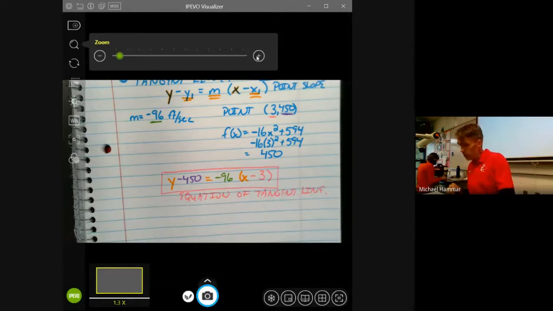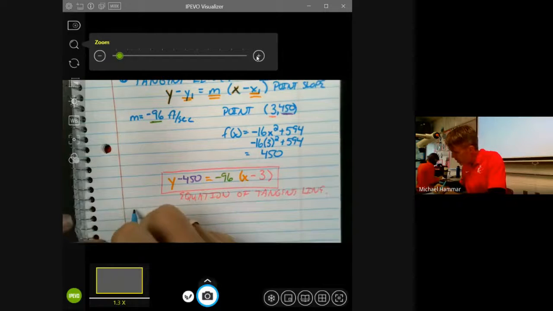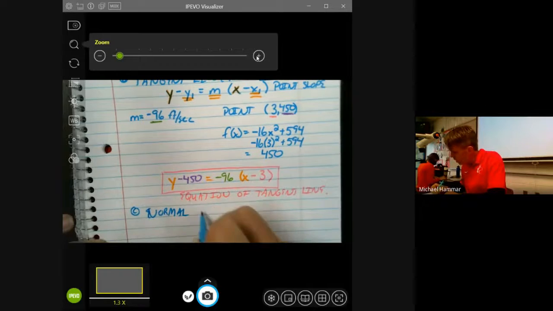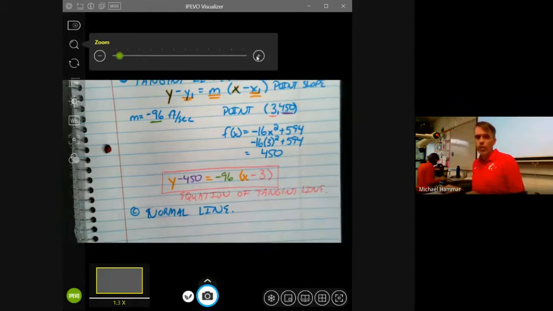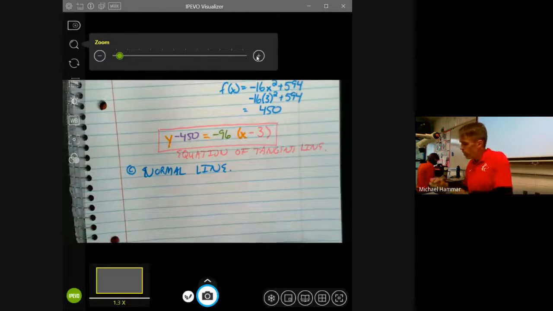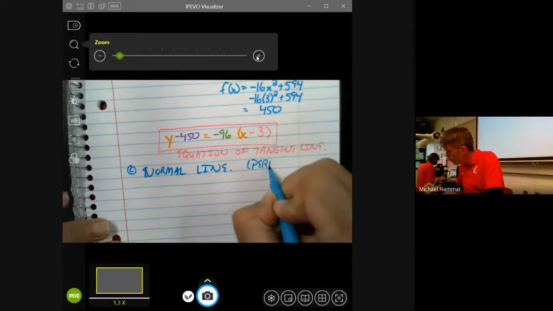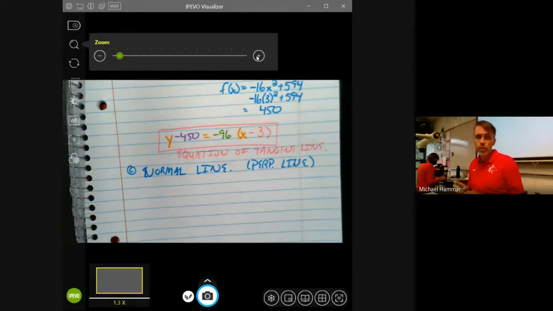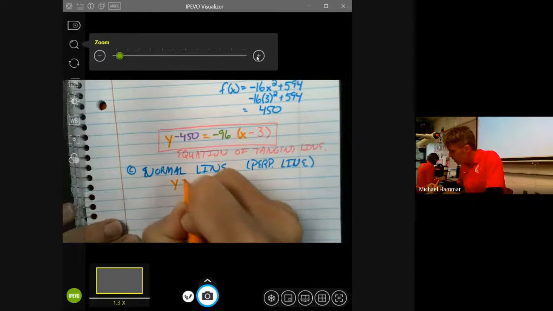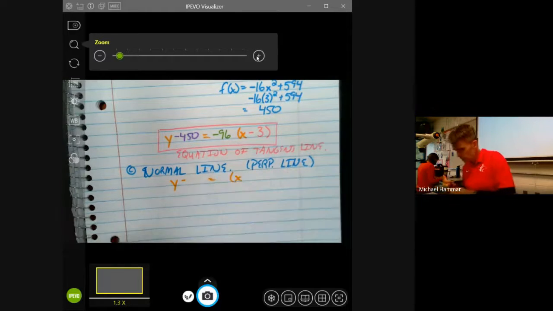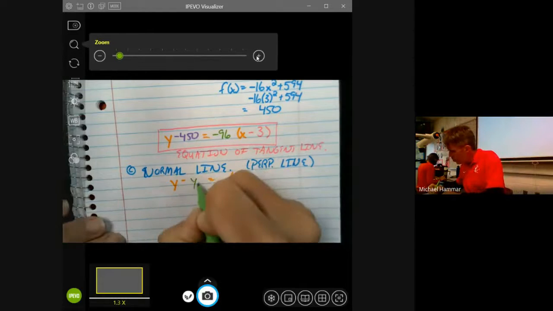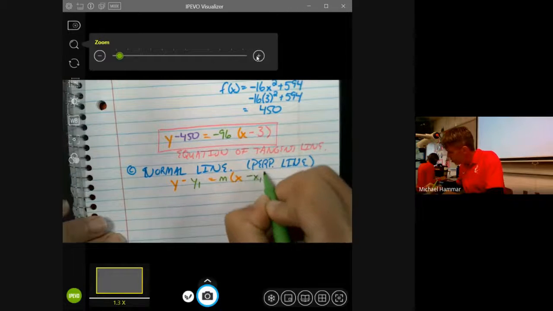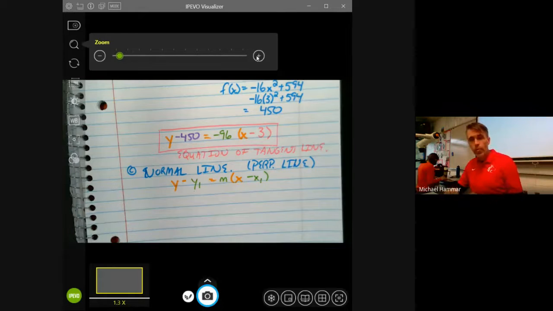There is a third thing. The third thing is part C, the equation of the normal line. The equation of the normal line is just the equation of the perpendicular line. We're still going to use the same point slope formula, y minus y1 equals m times x minus x1. We need a point and we need the slope.